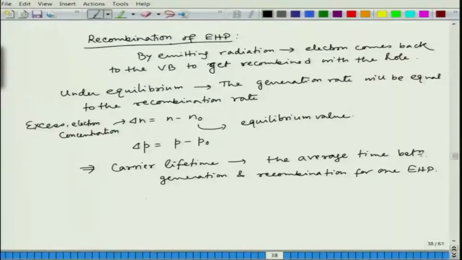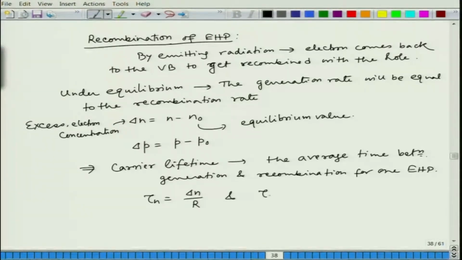And for electron we designate it with tau n, tau stands for time, and that is nothing but this delta n, which is the excess electron concentration divided by the rate of recombination.